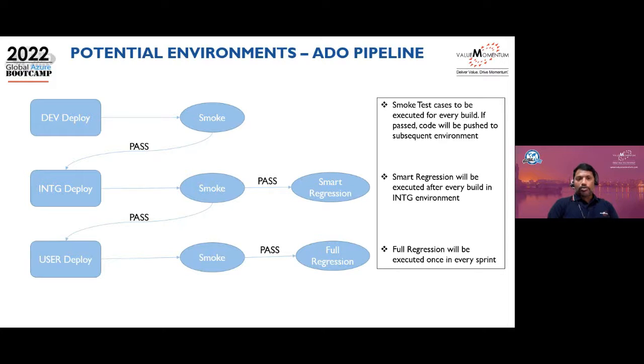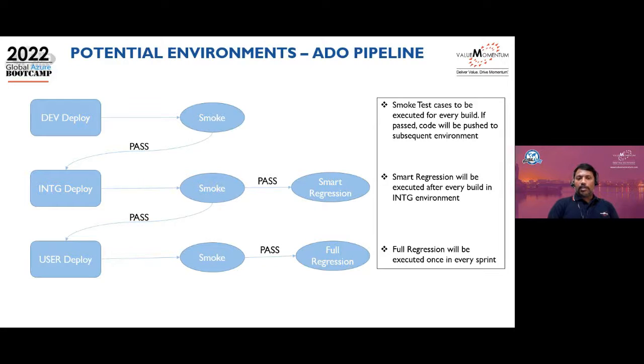Everyone knows that the code deployment will be from the developer local box first with the unit testing and all. After that, it goes to the development environment if it is an enterprise level automation framework.